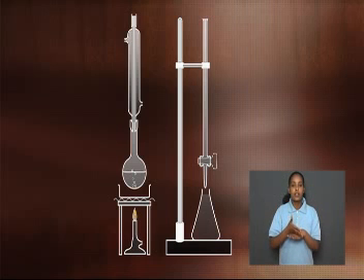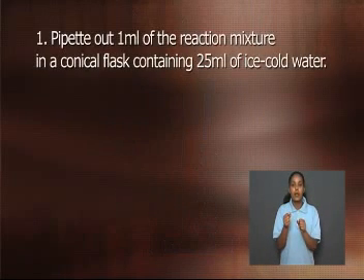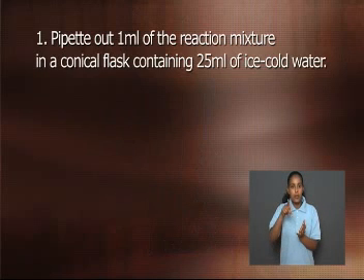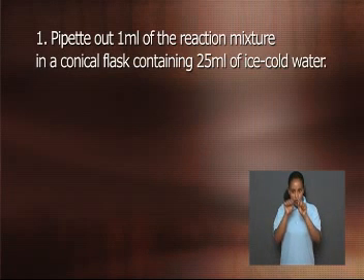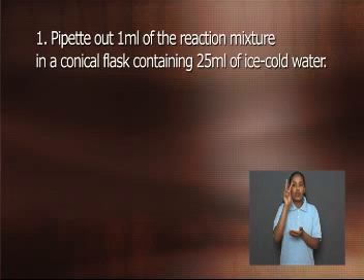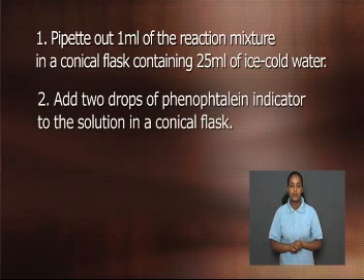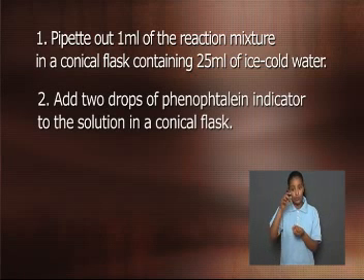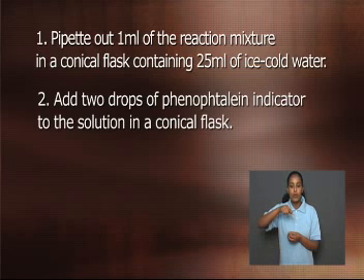After, cool the flask and its contents in an ice bath. Pipette out 1 milliliter of the reaction mixture in a conical flask containing 25 milliliters of ice-cold water. Add 2 drops of phenolphthalein indicator to the solution in a conical flask.